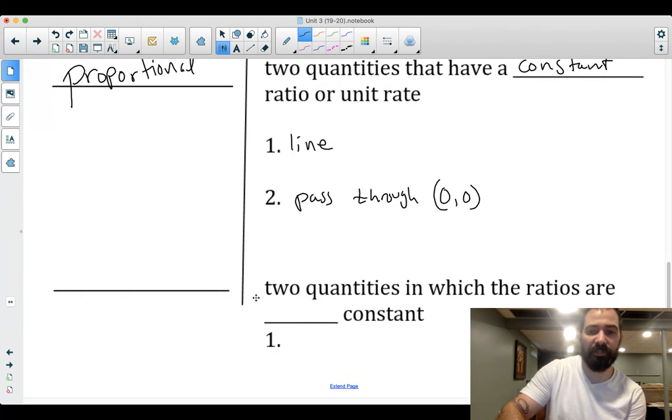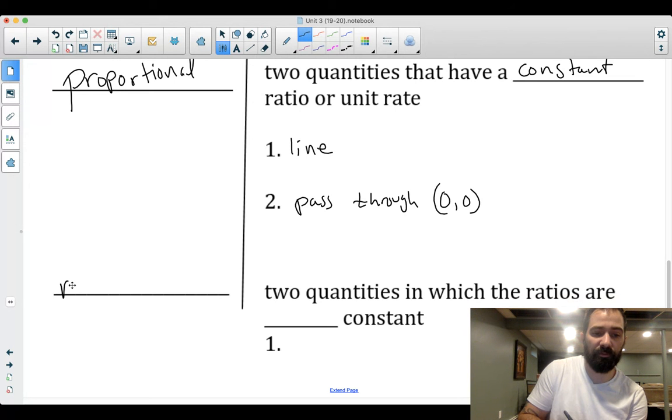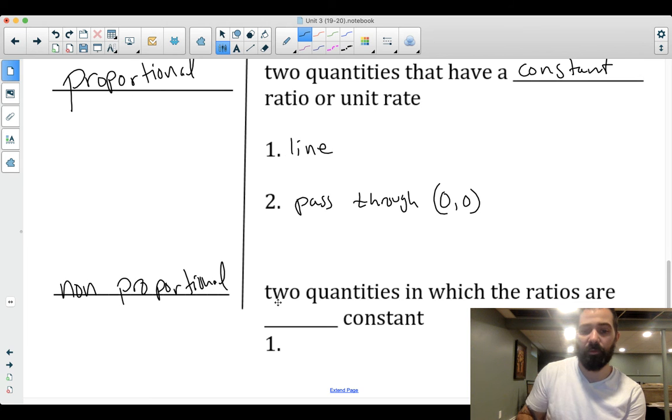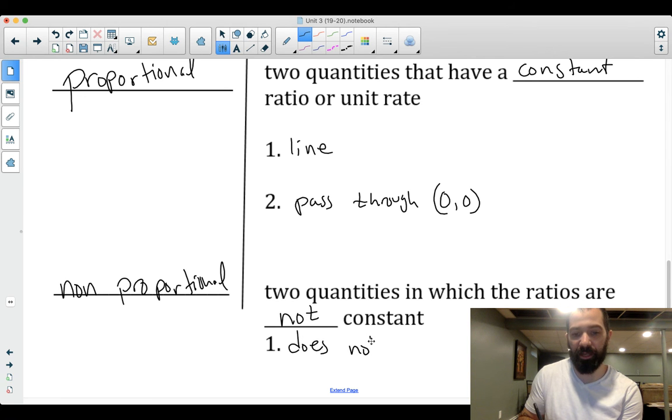And we'll show you what that is. And that's opposed to non-proportional, which is where two quantities in which the ratios are not constant. That does not pass through 0, 0.